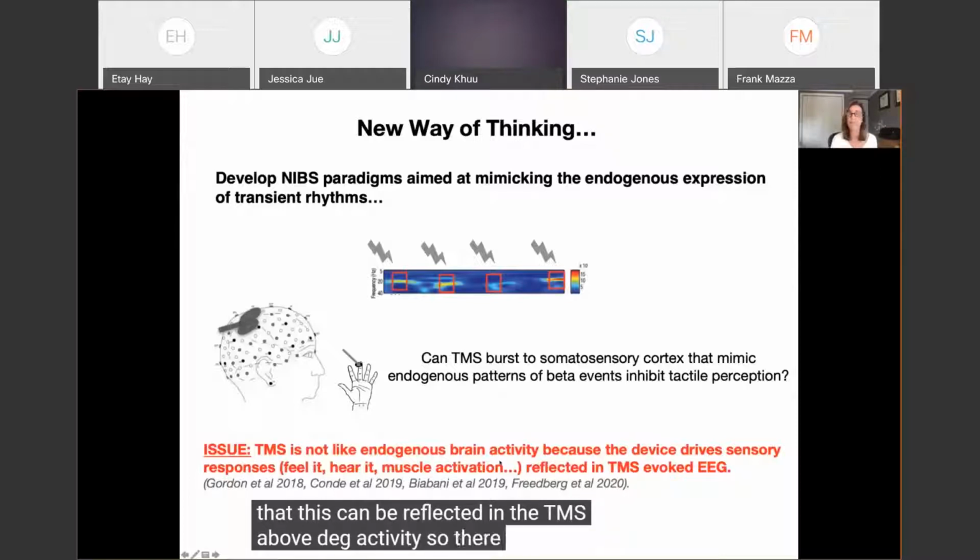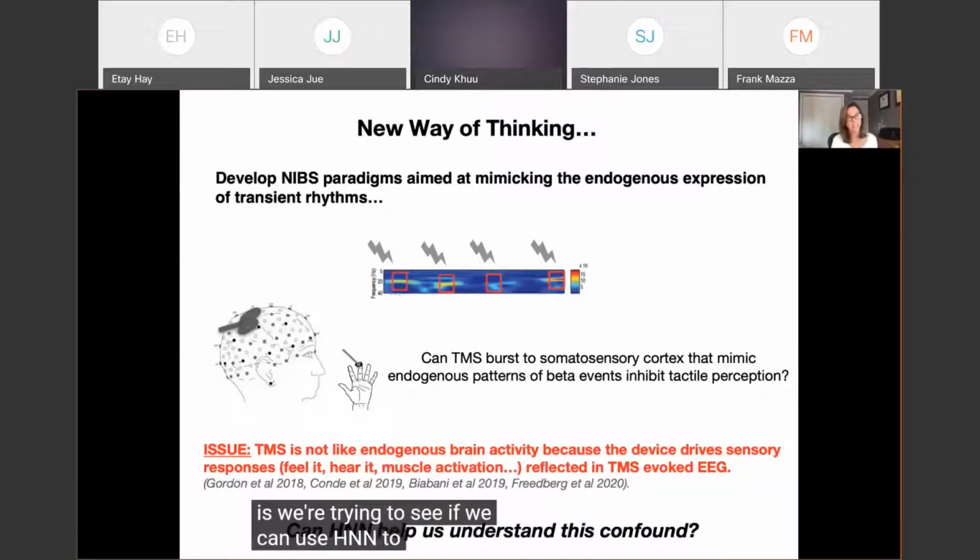So there are lots of ways to minimize these confounds, but we don't yet have a way to remove them. So instead, what we're doing is we're trying to see if we can use HNN to help us understand this confound. And specifically, we're going to ask the question if HNN can help us understand if and how the sensory component of the TEP, TMS evoked potential, is reflected in the EEG signal.